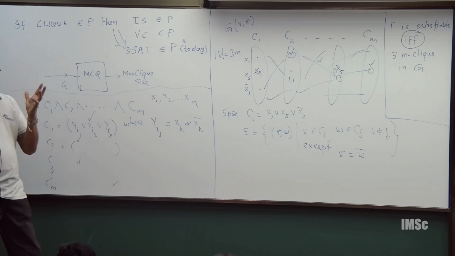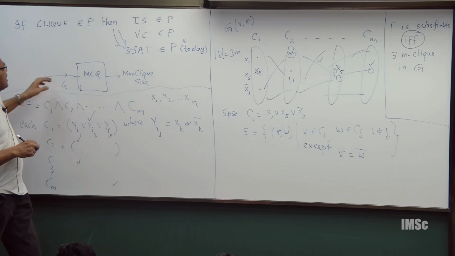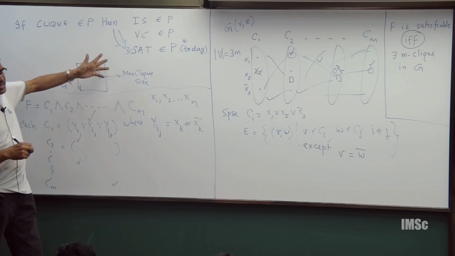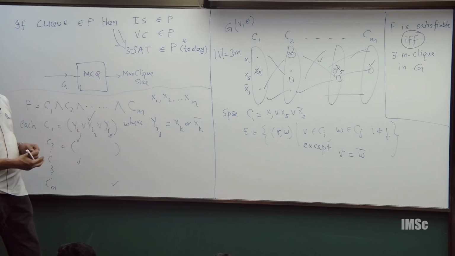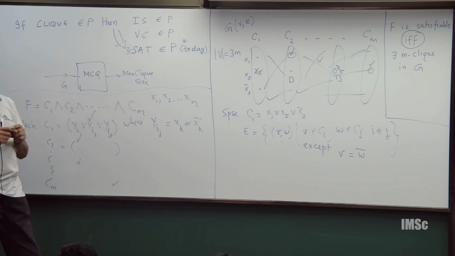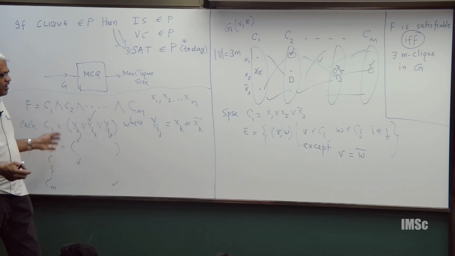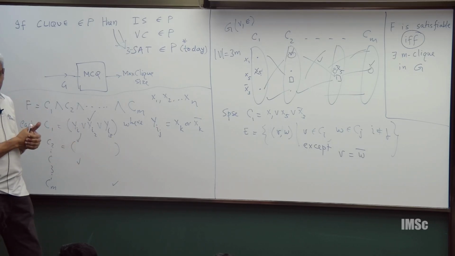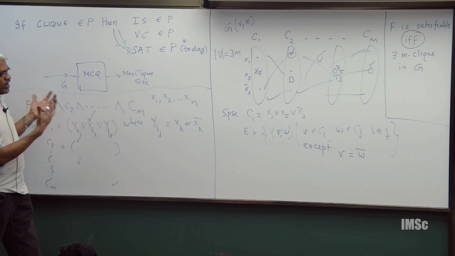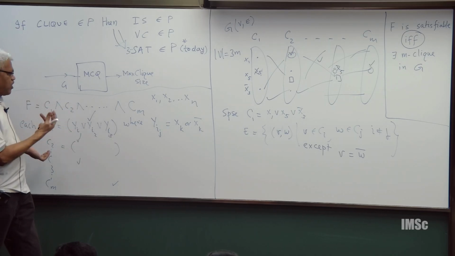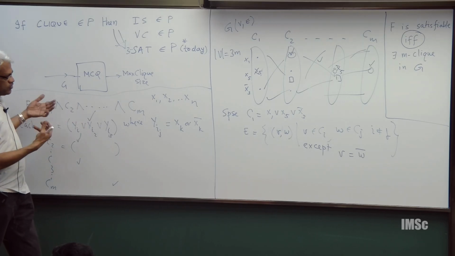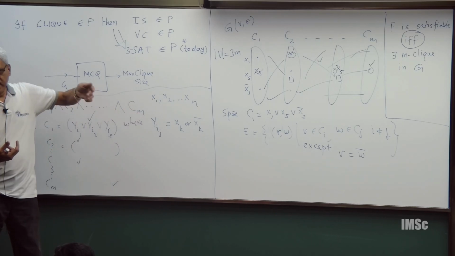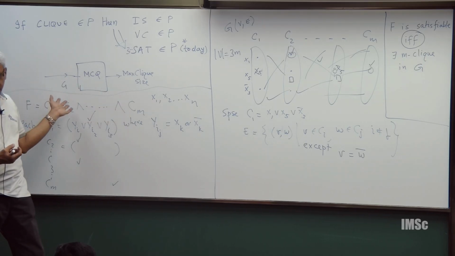So, this is somewhat surprising in the sense that SAT is not a graph problem, it is some problem in logic, and we managed to somehow reduce it, though I have not used the word so far, to clique in a way that it is an equivalent instance. In the equivalent instance, somehow it encodes satisfying assignments. Whenever this formula is satisfied, there is an M clique, and whenever there is an M clique, it is satisfied. Okay.